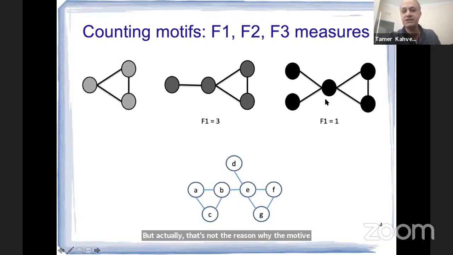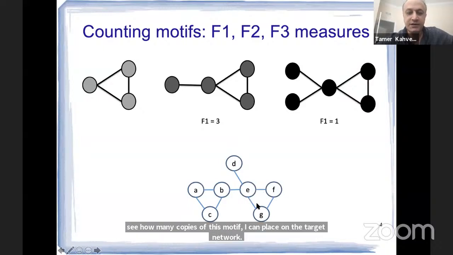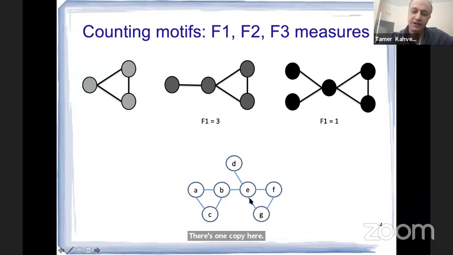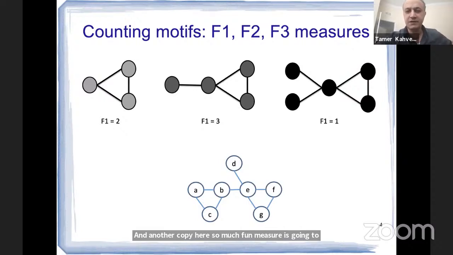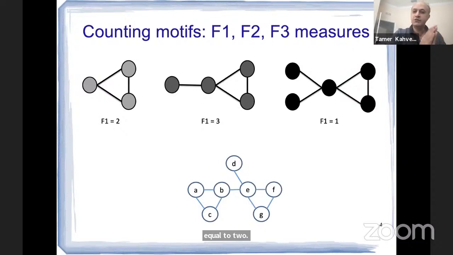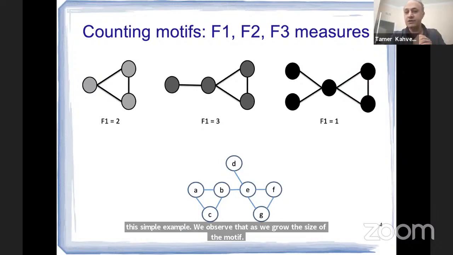To understand this better, let's just do the opposite and make our motif slightly smaller, this time by reducing a node and an edge. Now, let's see how many copies of this motif I can place on the target network. There's 1 copy here and another copy here. So my F1 measure is going to be equal to 2. And from this simple example, we observe that as we grow the size of the motif, the number of times that we can observe it according to the F1 measure sometimes goes up, sometimes goes down.